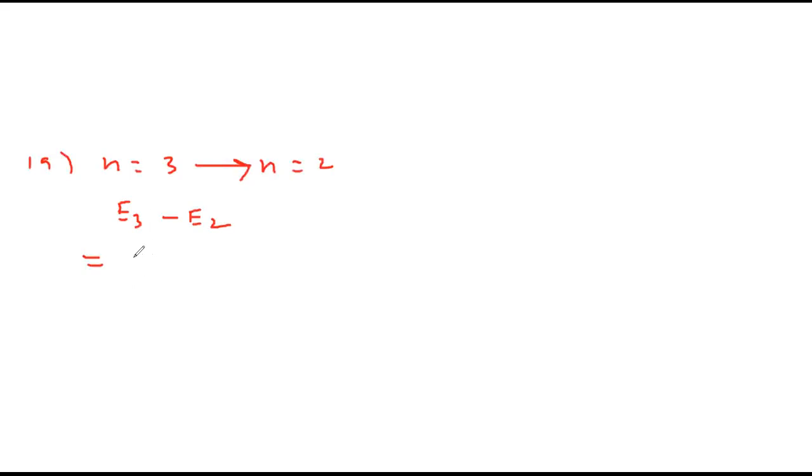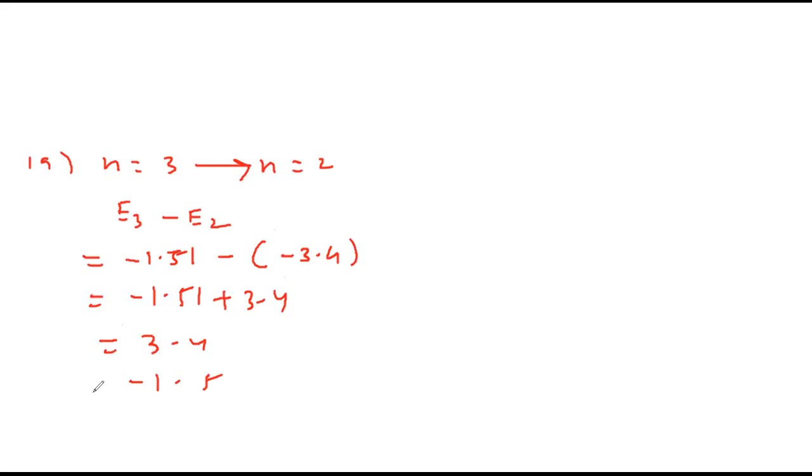Energy of third orbit is minus 1.51. Second orbit minus 3.4. So it becomes 1.51 plus 3.4. That means 3.4 minus 1.51, which is 1.89 electron volt.